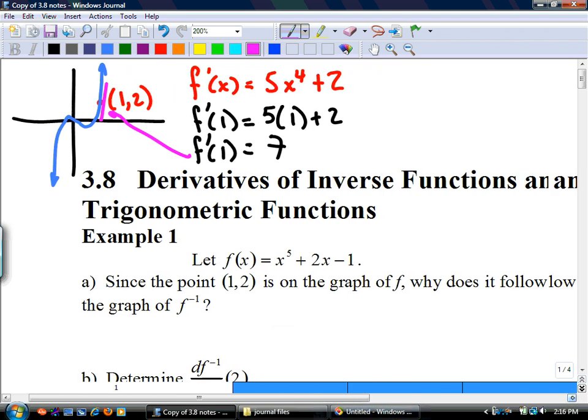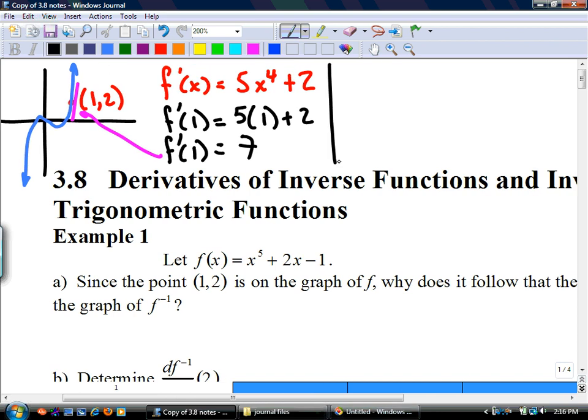So the inverse is a graph that looks like this. It goes through the point 2, 1. Or sorry, 1, 2, it goes through the point. If I could draw. I really suck.